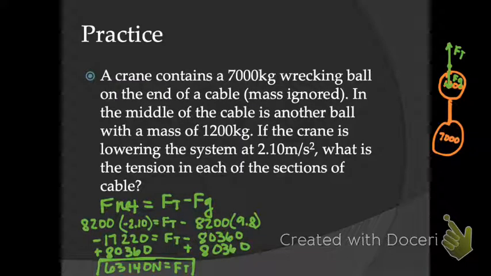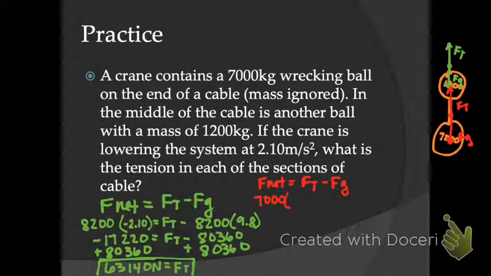Now if we look at the middle section of cable, our free body diagram looks exactly the same, except the mass hanging below it is not nearly as much. The mass hanging below that part is only 7,000. So for this part of my cable, with Fg and Ft, my net force equation looks almost identical, except we don't use all of the mass, we just use what hangs below it.